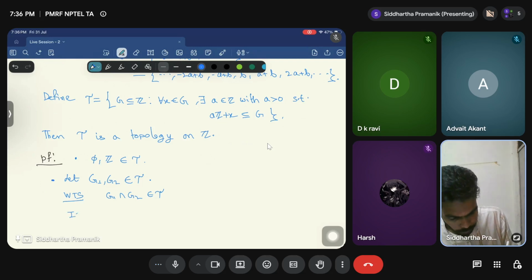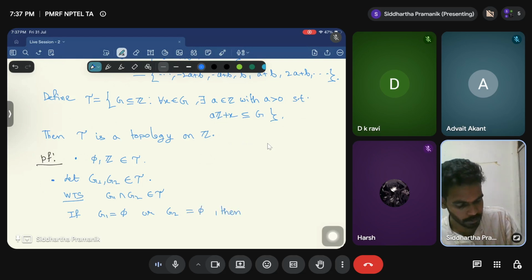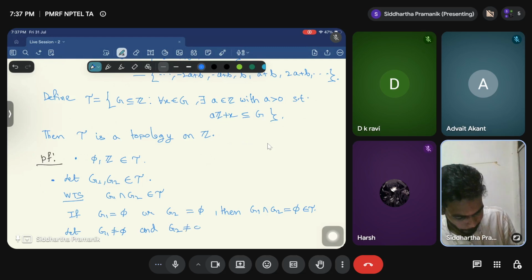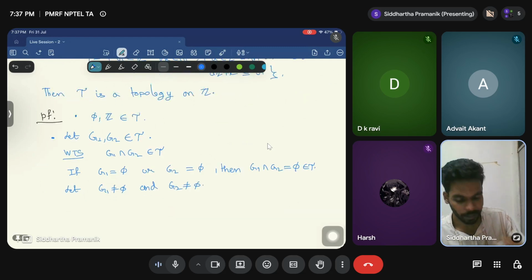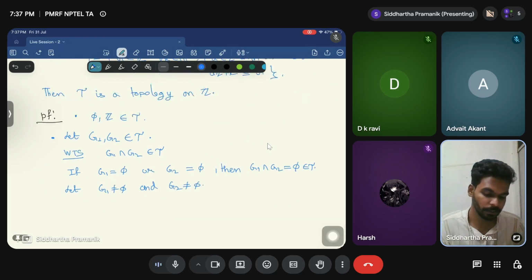Now if G1 is empty or G2 is empty, then their intersection is empty and it is in tau. So let none of them be empty sets. Okay, so we have to prove their intersection is in tau.